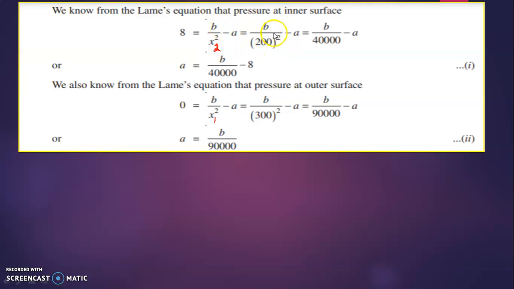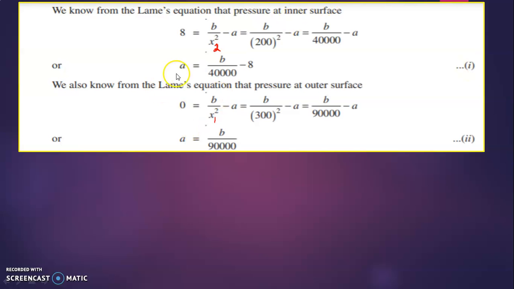So R2 square minus A. Simplify this: B divided by 200 square, that is equal to 40,000 minus A. Now write in terms of A. A is equal to B divided by 4 into 10 raised to 4, minus 8. This 8 comes to that side. This is equation 1.